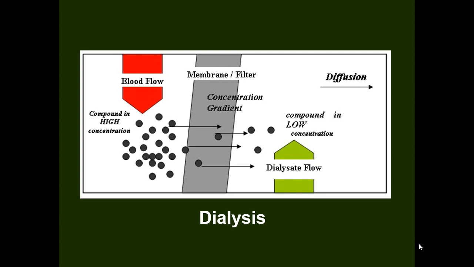If the blood direction is like this, the dialysate flow is like this, and this is a semi-permeable membrane, and diffusion happens across this membrane. So this is dialysis, which is based on the principle of diffusion. So if somebody is saying hemodialysis, he means diffusion, and if he is saying hemofiltration, he means convection, right?